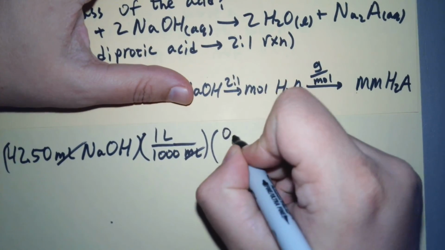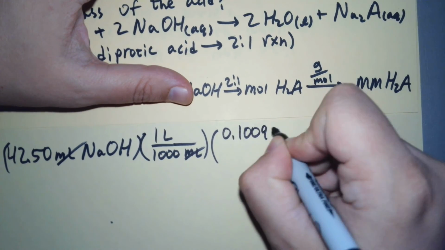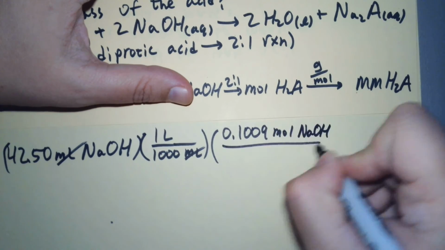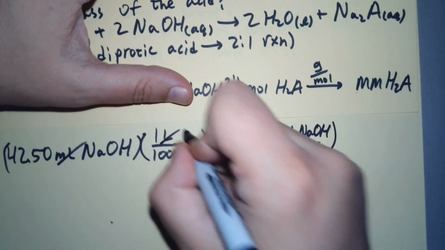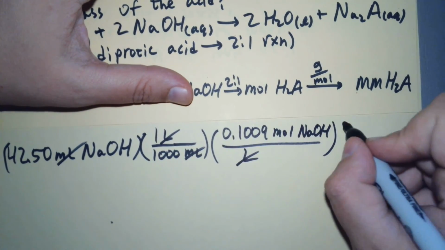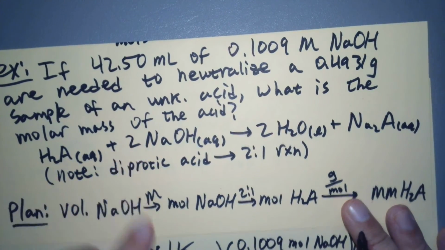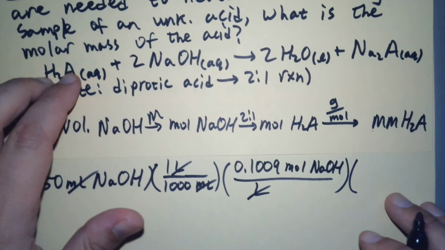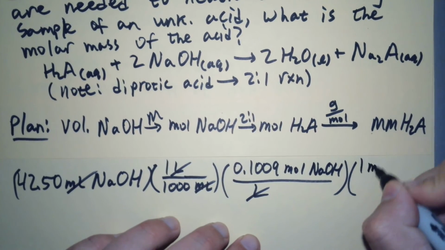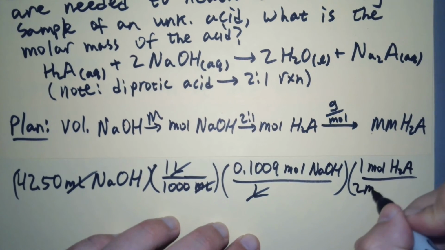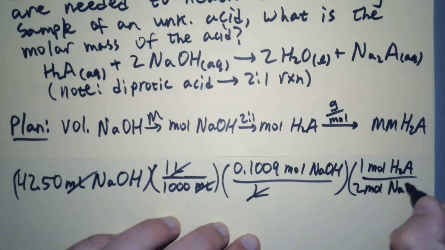So I have 0.1009 moles of NaOH per liter. That cancels liters. And then I use my stoichiometry and I go, well, there's 1 mole of H2A for every 2 moles of NaOH.